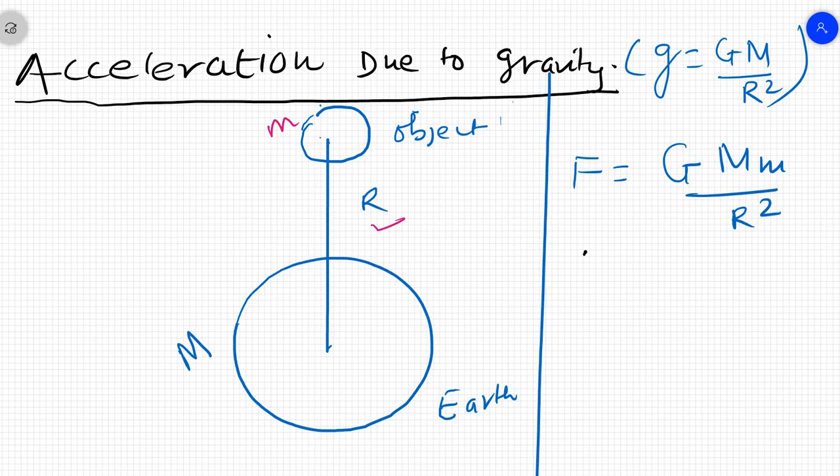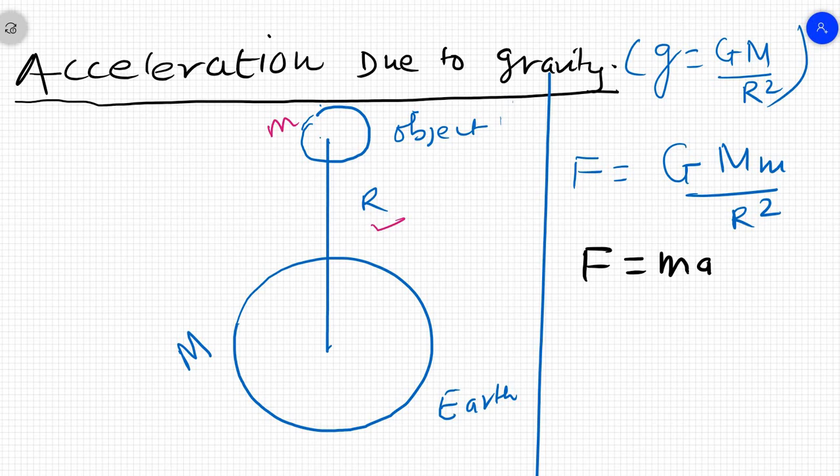According to the law of motion, force on a body produces acceleration. So here the earth is applying force to the object, so the object gains acceleration.